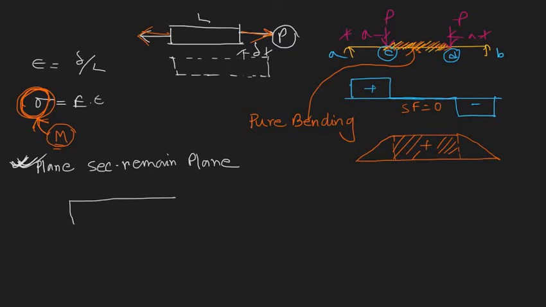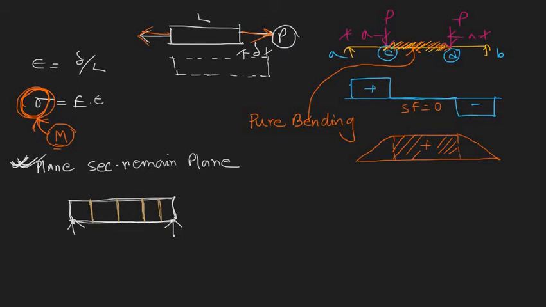Let's say you have a beam like this. This is the front view, and these are the supports. And if you take any plane cross section, let's say you have marked some cross sections like this. This is one plane, this is another plane. Let's say you have marked this using a chalk pencil.